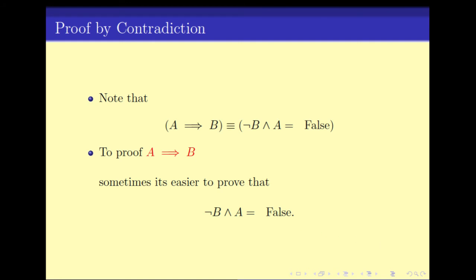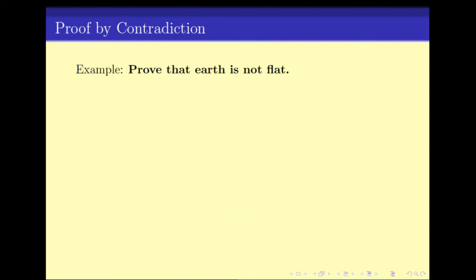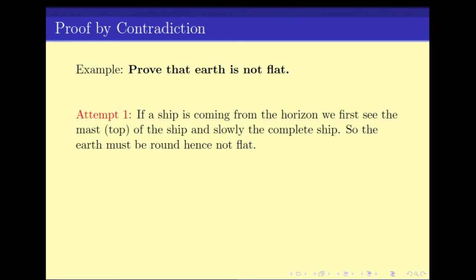Now, what is the basic idea behind it? Say, consider this example: I have to prove that the earth is not flat. One way of proving it is that there is a ship coming from the horizon. When a ship comes from the horizon, I first see the top of the ship, and slowly the complete ship comes out.